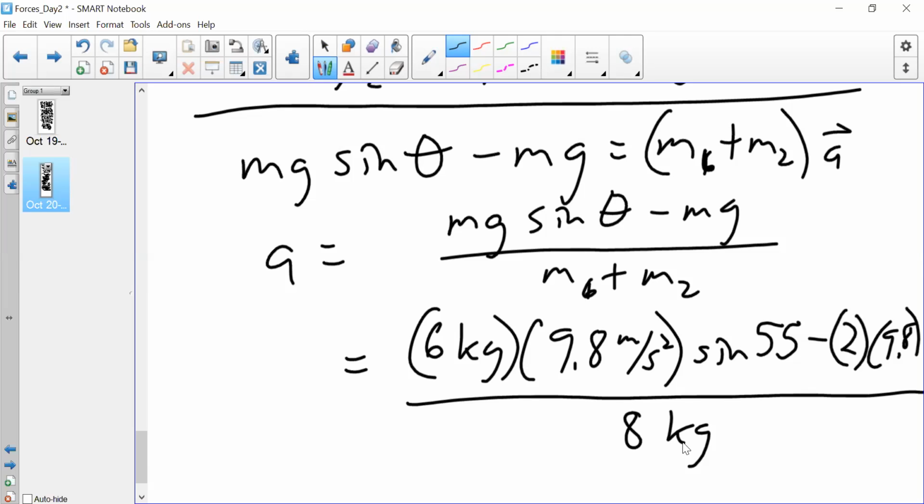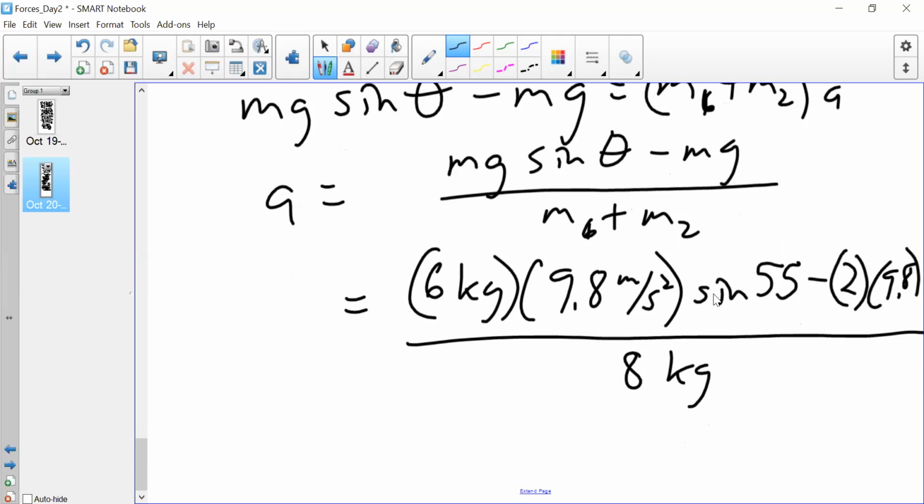We should be getting 3.57. See if you guys get that. Mr. Kelly, could you explain again what we did to get the net acceleration? I will, but let's get this first. Make sure we get the right answer.